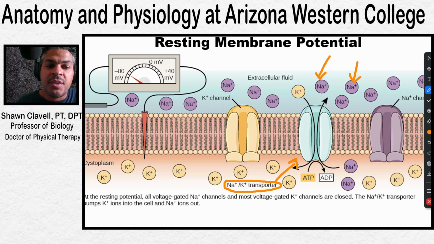And so all this leads to this negative charge, this steady state. At normal resting state, you've got somewhere in the range of negative 60 to negative 90. Resting membrane describes that steady state of the cell. While it is a dynamic process, it's balanced by a number of different types of ion channels and pumps.